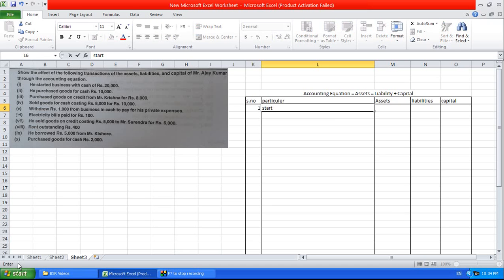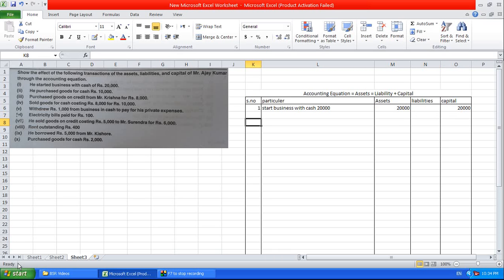How much was the cash? 20,000. For assets, how much do we have? Cash 20,000. Liabilities, no effect. Capital, yes, the effect will be there. This is the first entry.